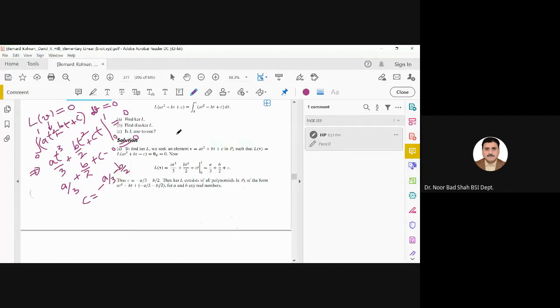We have taken the vector V, which is at squared plus bt plus c. Now c would be replaced with this, minus a by 3 minus b by 2. So these are the vectors which will belong to the kernel.